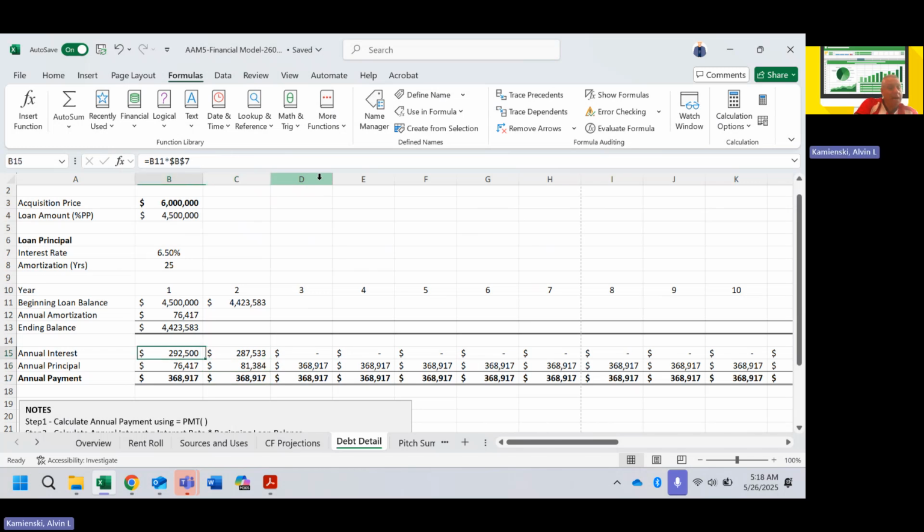In that year, I pay a little bit less in interest, and I get to knock down a little bit more of my principal, so that the amount that amortizes in year two is 81,000, and therefore by the end of year two, I now owe only 4.34 million.